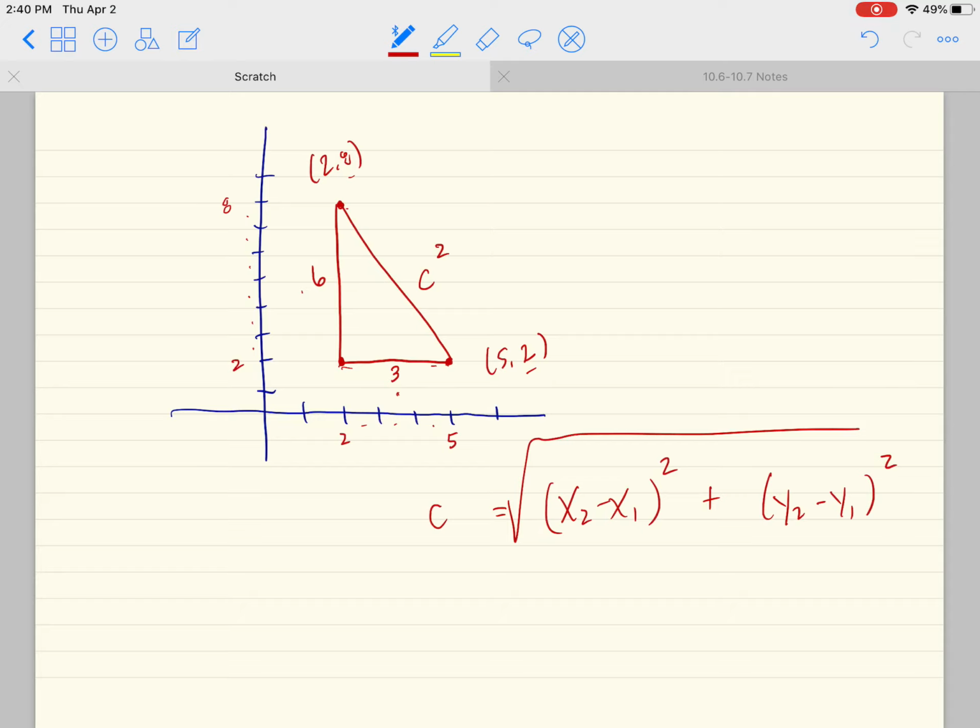So if I just took the square root of both sides, then I'd be left with c here, and I'd have my square root there, and there's my distance formula. Okay, so it's really just the Pythagorean theorem, but it's trying to make it more general. Like if I could easily count that going from 5 to 2 is 3 units or from 2 to 8 is 6 units, then it's no big deal to say that the distance here is 3 and the distance here is 6.